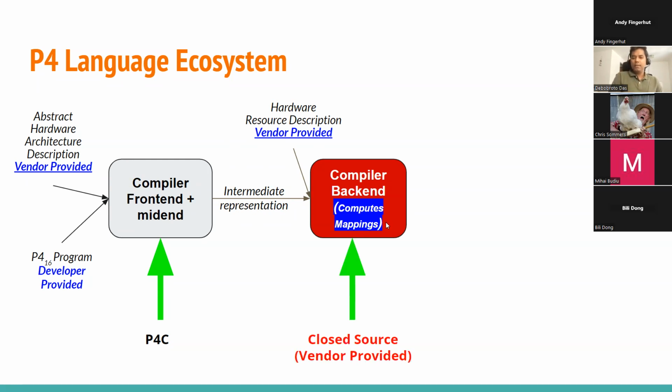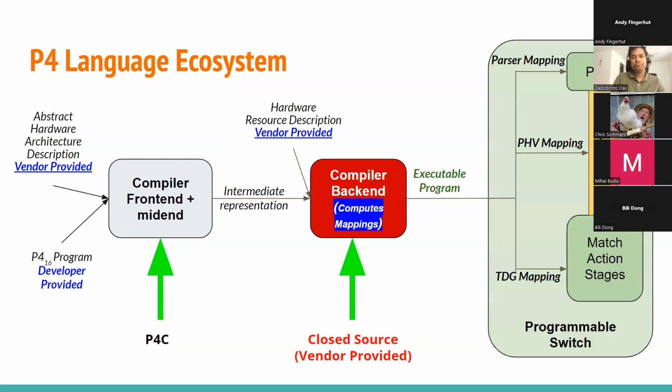Typically this part is closed source. For Tofino, you have P4 Studio, and I saw AMD also has a P4 architecture, P4 hardware. I forgot their compiler name. I don't know it actually.